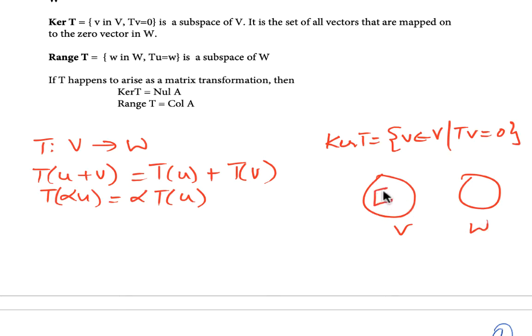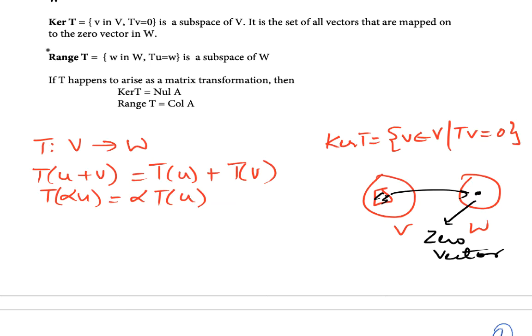The kernel of T is the collection of all those elements in this little square that go to the zero vector in the vector space W. This is not a circle; it is going to one little element, remember that. This element is the zero vector.